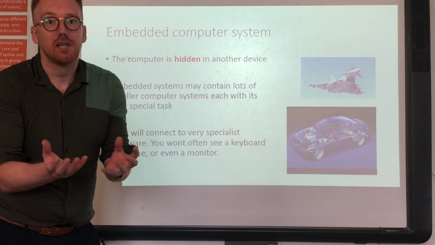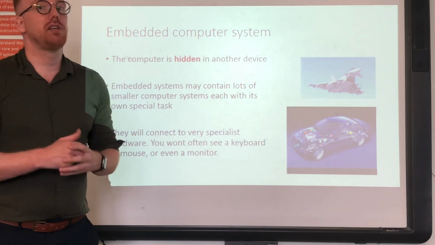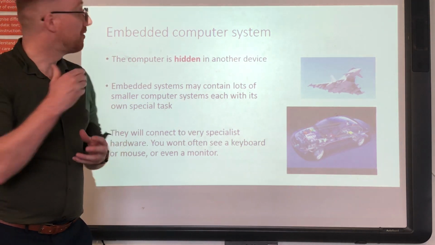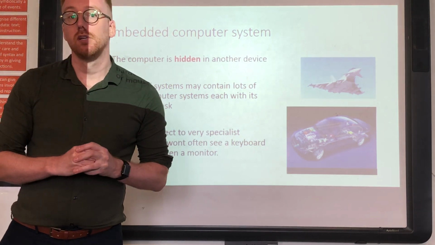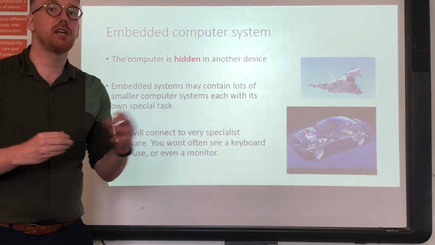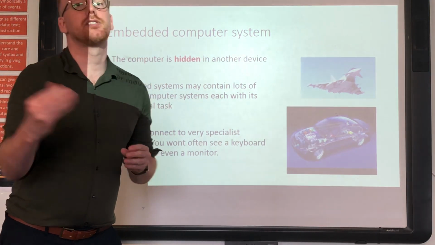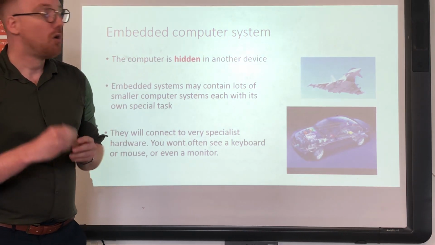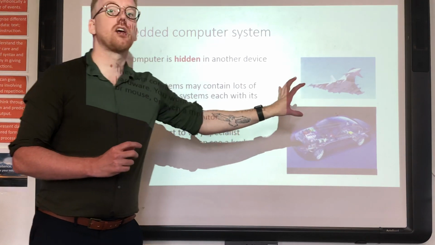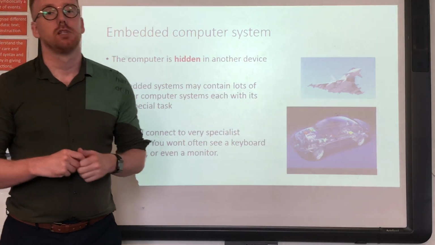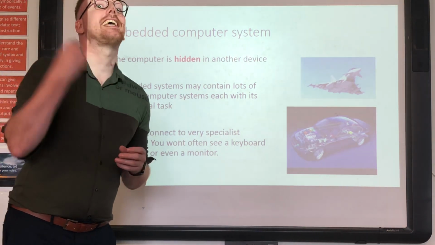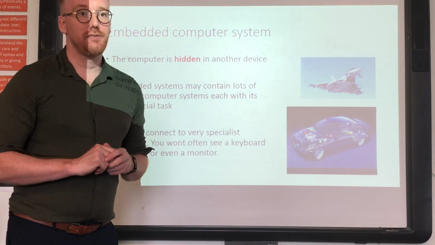Something like a car has lots of systems hidden within that car. You've got the ABS braking system. You've got the engine management system, the air conditioning system. You've got the alarm system, the entertainment system, the GPS, the satellite navigation system. All these are computer systems that are hidden within inside that car. They're embedded. So an embedded computer system is one where the computer is hidden in another device.